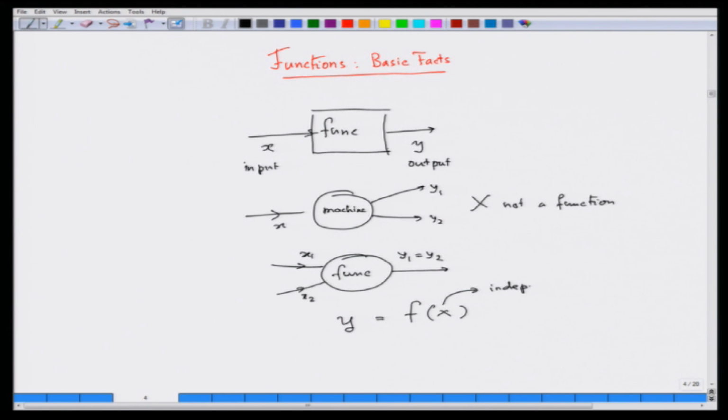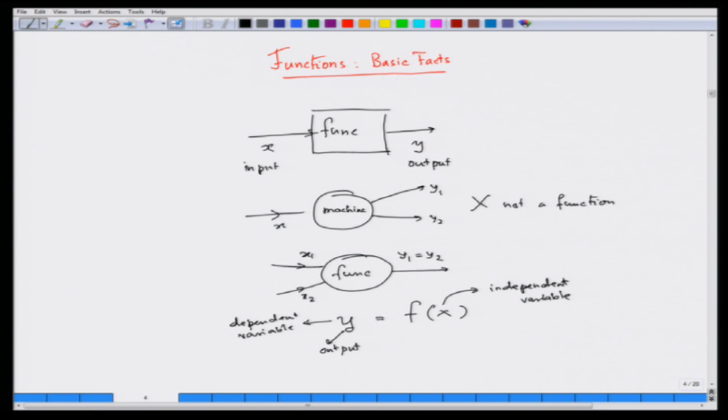So I have the choice to give my input, and this gives me the output, or dependent variable. This is also called a dependent variable. So these are some very basic facts you have to know about functions.